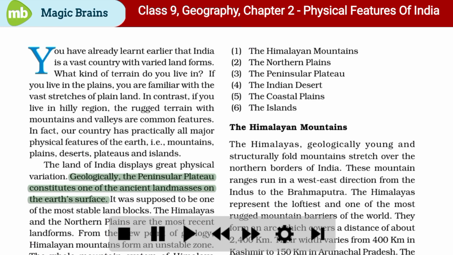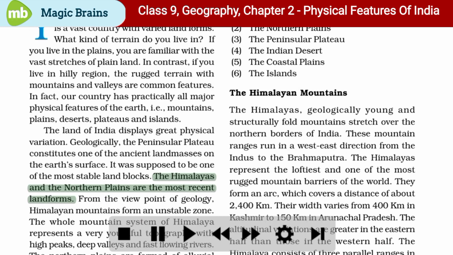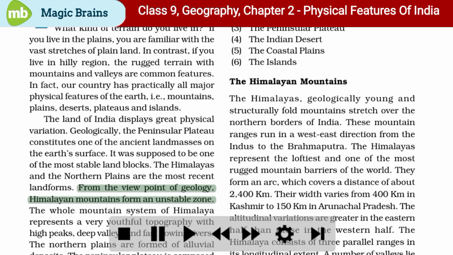Geologically, the Peninsular Plateau constitutes one of the ancient land masses on the Earth's surface. It was supposed to be one of the most stable land blocks. The Himalayas and the northern plains are the most recent landforms. From the viewpoint of geology, Himalayan mountains form an unstable zone.